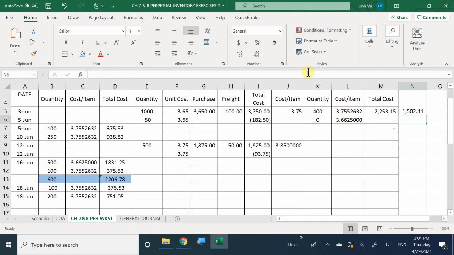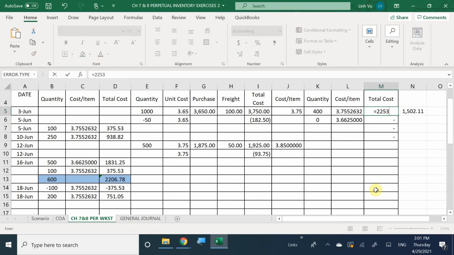So let's go ahead and subtract it out from here. So if I had 22,531.5, right? And I subtract out my 751.05, I should get, was it 22.53 and 15 cents?